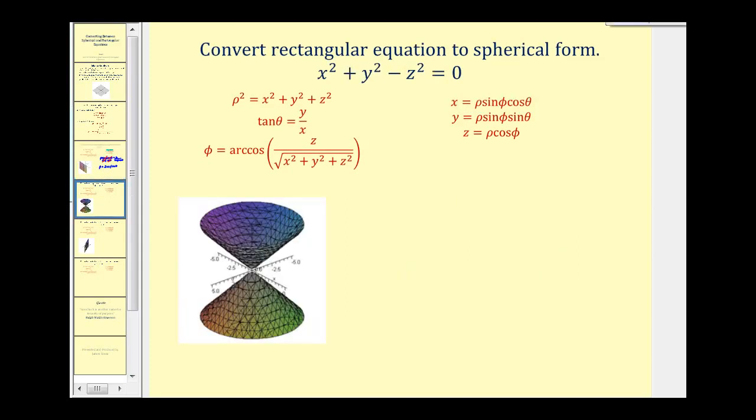In this example, we want to convert x squared plus y squared minus z squared equals 0 into a spherical equation. So using these equations here, we need to eliminate x, y, and z from the equation. Now there's no obvious substitution here. It would be nice if this was plus z squared, then we could perform a substitution using rho squared. So what we'll do here is move the z squared term to the right side.